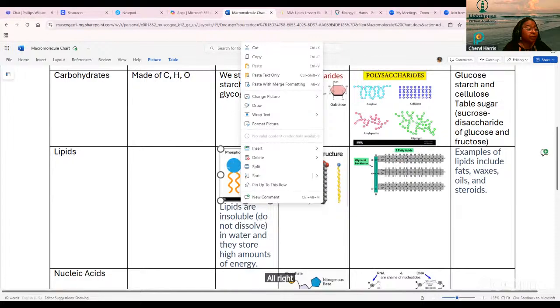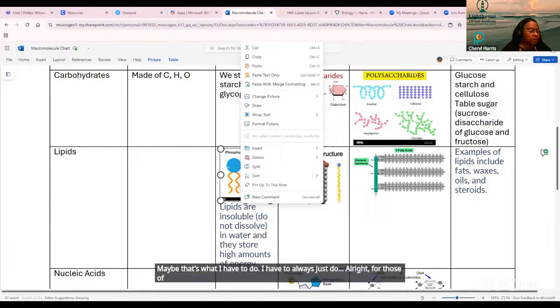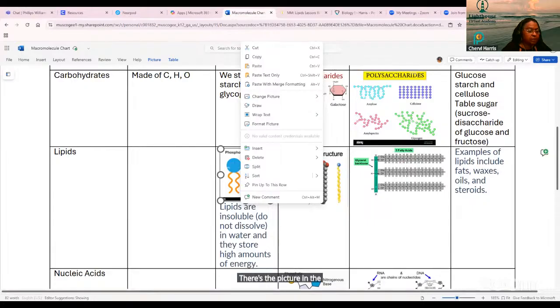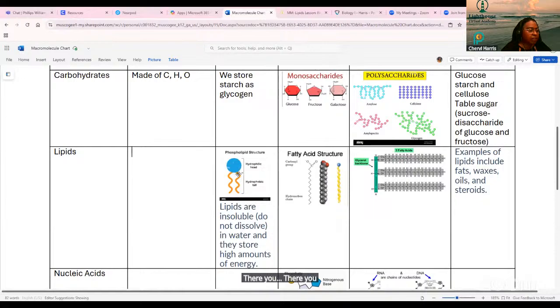Let me put it for everybody since it worked. Maybe that's what I have to do, always just Control V. So for those of you who didn't ask, there's the picture in the chat. If you don't have that picture in your box, there you go.